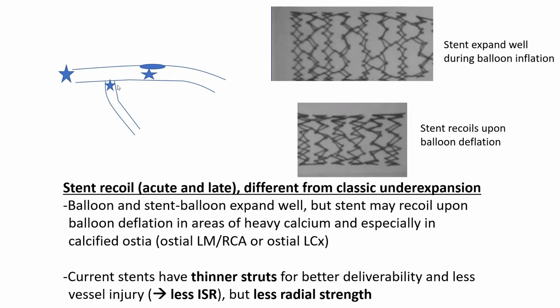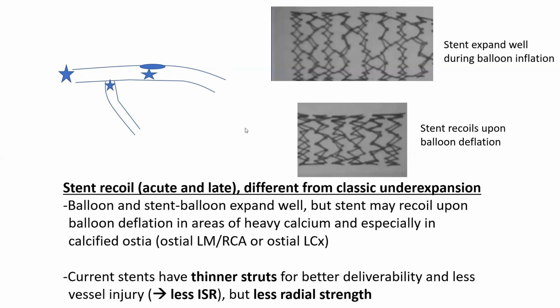So how do you treat it? Well, first try to prevent it. You know those areas that will have possibly difficult stent expansion, or even when it expands, difficult stent recoil. So keep a low threshold to prep the lesion well with balloon lithotripsy and atherectomy. Now, if it does happen nonetheless, how do you treat it?